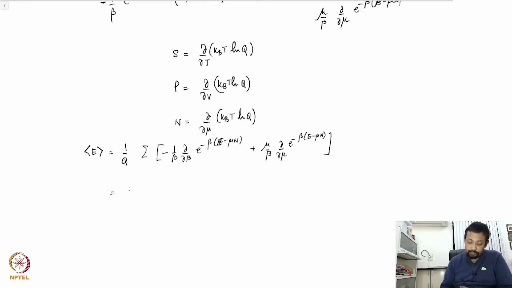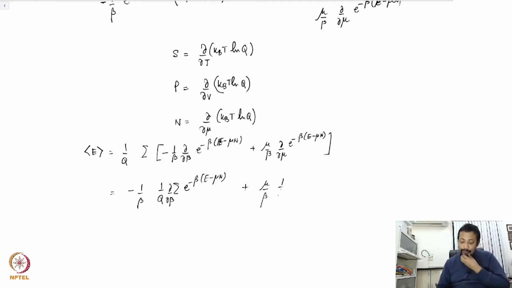And this you see is going to be minus 1 over beta 1 over Q sum over del del beta of e to the power minus beta (E minus mu N) plus mu over beta 1 over Q del del mu of the sum over e to the power minus beta (E minus mu N).